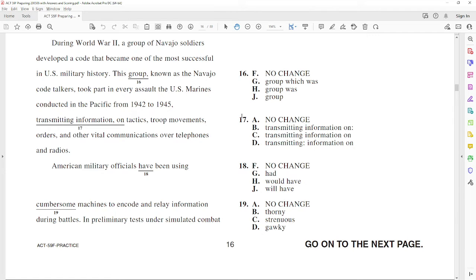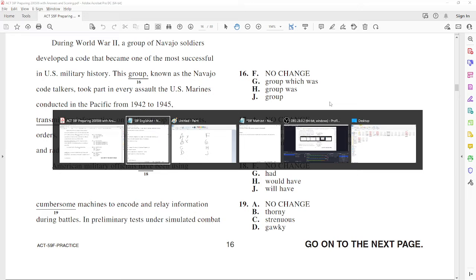But you wouldn't have to deal with colons if you looked at 17 and followed the method of A. Does it have a question? Nope. Is there an option to delete or omit? Nope. In this case, let me look at what's there. Is it right or wrong? I say wrong, A is out, and then I remove the comma to fix it, and that's my anticipation, removing the comma before on.